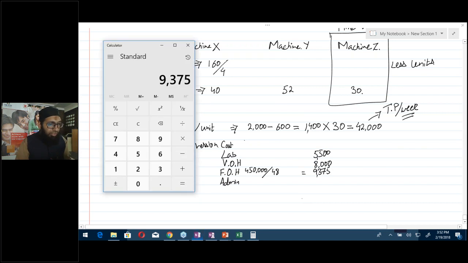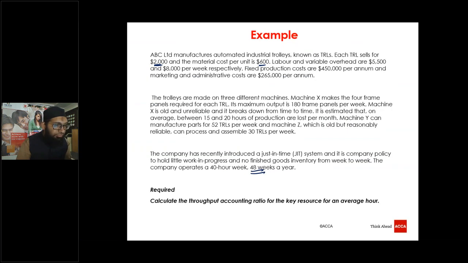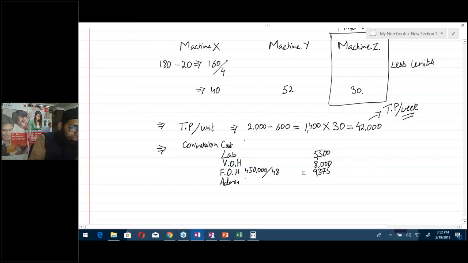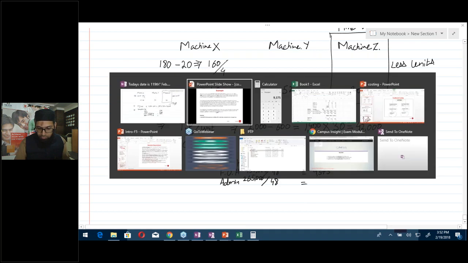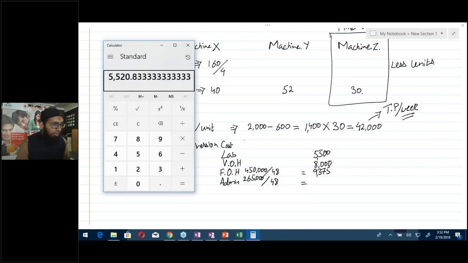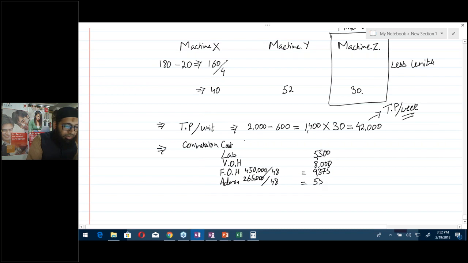Similarly, admin cost is 265,000. So this will be 265,000 divided by 48. The answer will be 5520.83. So this is the whole conversion cost per week.